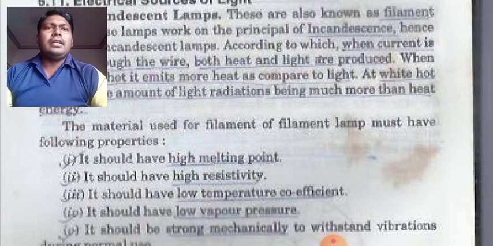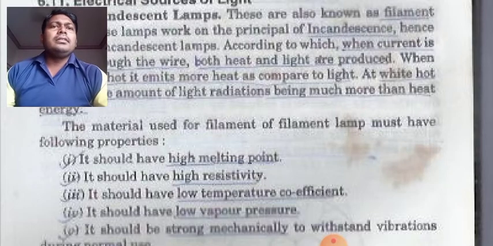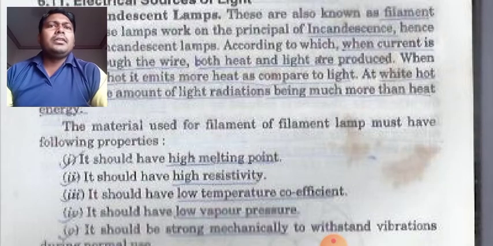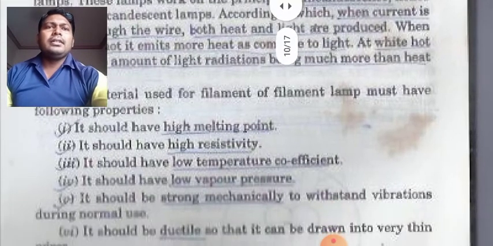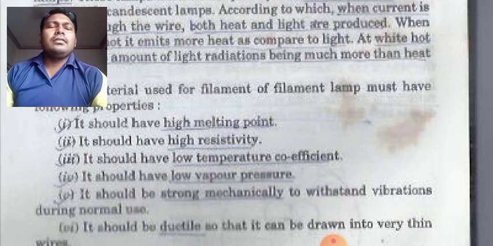It should have a low temperature coefficient, meaning the temperature variation should be low and it should withstand a high amount of temperature with the rise in its temperature. It should also have low vapor pressure. Look, the container inside which these lamps are placed creates a lot of pressure, so the material should possess low vapor pressure, otherwise it may cause the failure of the lamp or the filament.